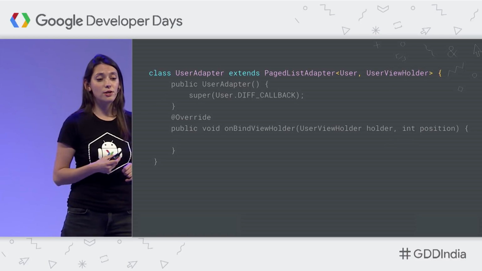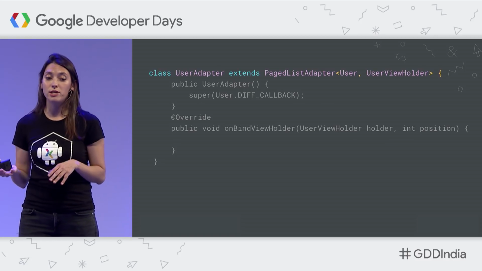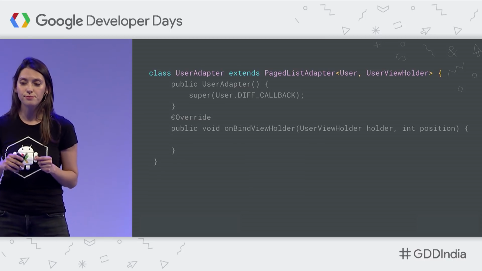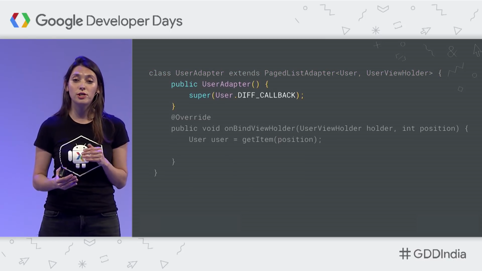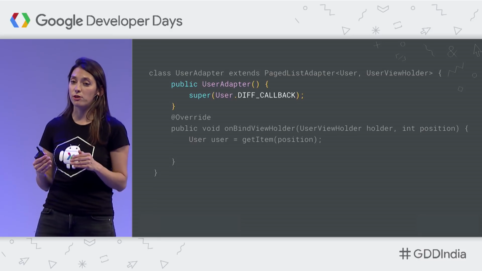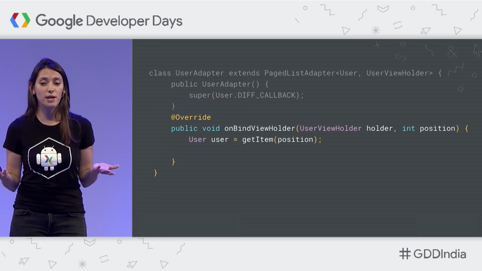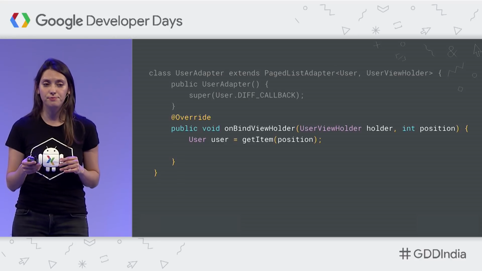And then, in your adapter, you would extend the PagedListAdapter of your model and the view holder. You would use as a parameter in the constructor the diff callback that you've just created. And then you just bind your view holder to the item.